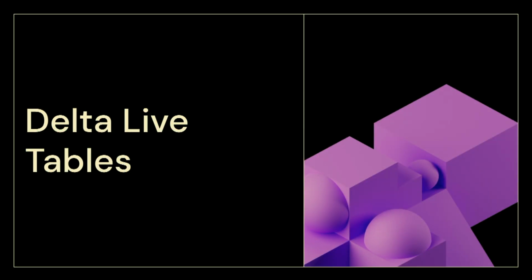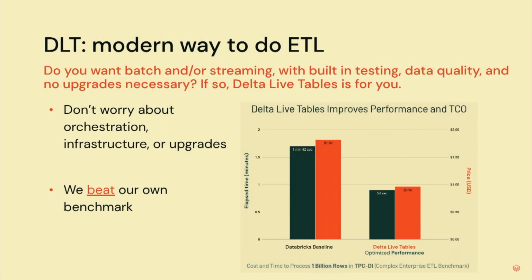Delta Live Tables, and you might be wondering, what does this have to do with flexible architecture? Great question, glad you asked. So basically, do you want a single place where you can do batch, streaming, built-in testing, built-in data quality, and no upgrades necessary? If so, DLT is for you. It's really, really awesome. Been working on it 3+ years.